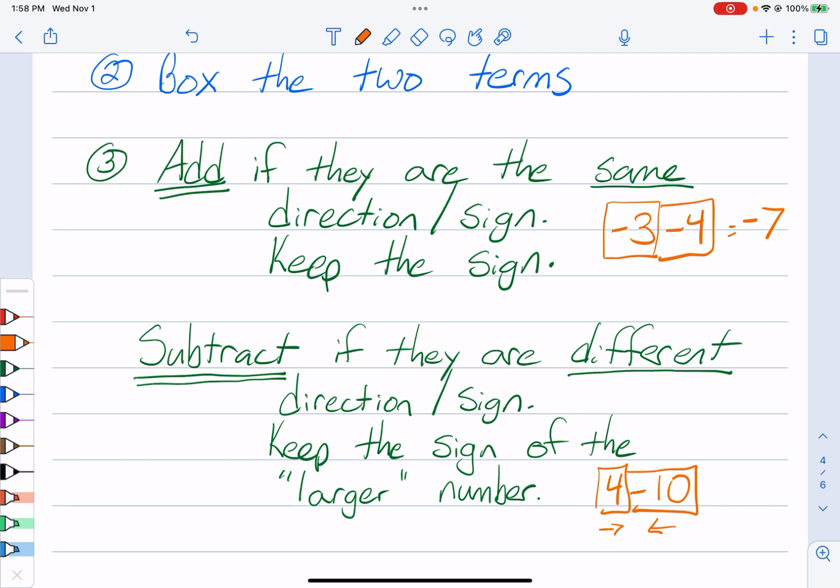And just think in your head larger number minus smaller number so you can figure out your subtraction. So for this problem, I would think what's 10 minus 4, which is 6. And then you're going to keep the sign of the larger number, essentially the one that has the most direction. Since 10 has more numbers going to the left, your answer is going to be a -6.